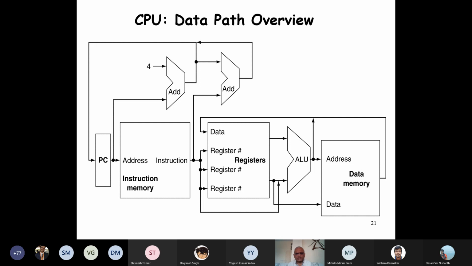We have written here instruction memory and data memory, but they are actually the cache, because the processor accesses from the cache. Based on the program counter value, we read the instruction from the instruction memory, or the instruction cache.